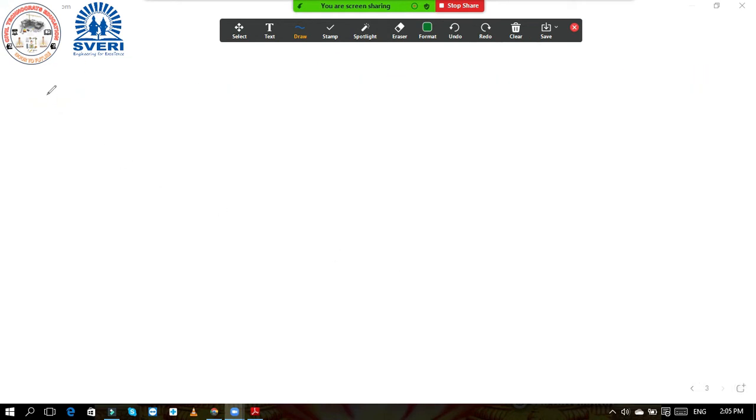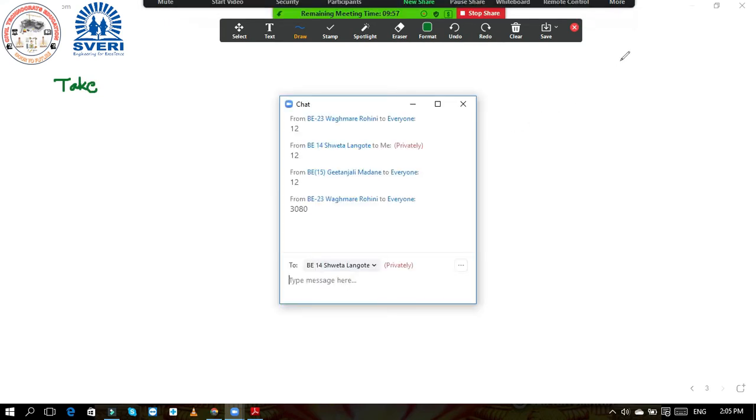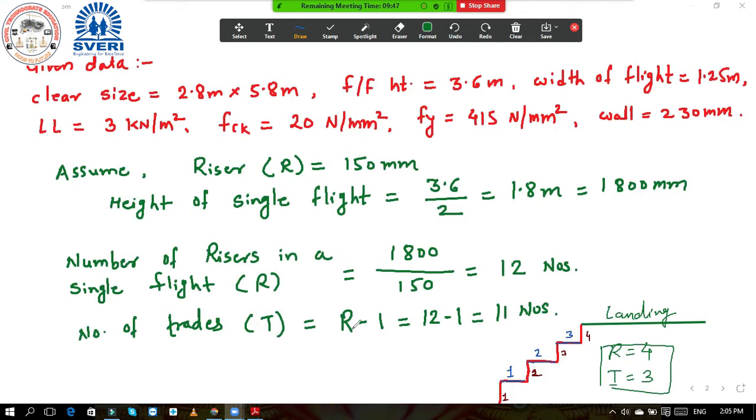Now I will write over here. Take T equal to 280 mm. But previously, how many treads are required? 11 treads are required.